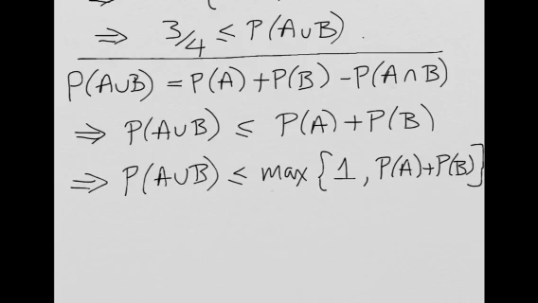So in this case, we have the probability of A union B is less than or equal to 1. In other situations, of course, it may well be that this number is less than 1, in which case we would simply have the upper bound that the probability of A union B is less than or equal to the sum of the individual probabilities.